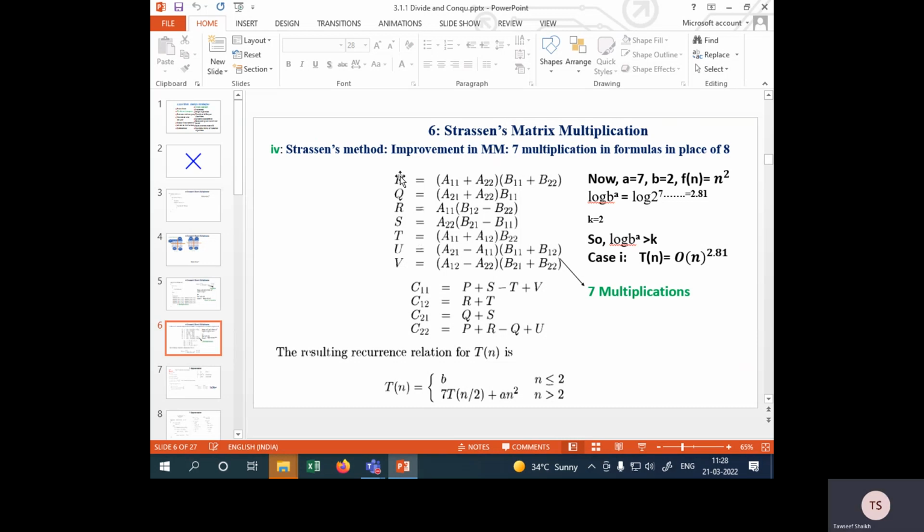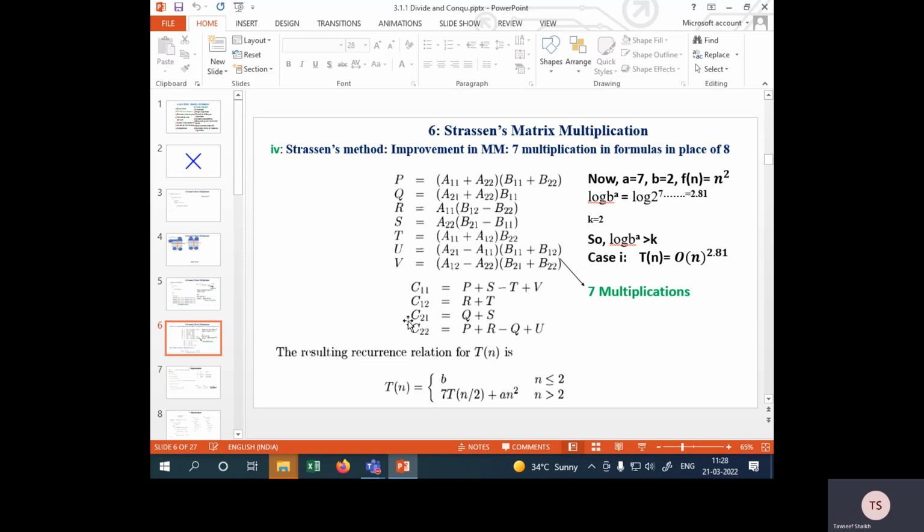And he used the formula for P, and similarly for V. And whatever formula he has given, if you see, we need one multiplication here to multiply this with that: 1 here, 2, 3, 4, 5, 6, and 7.